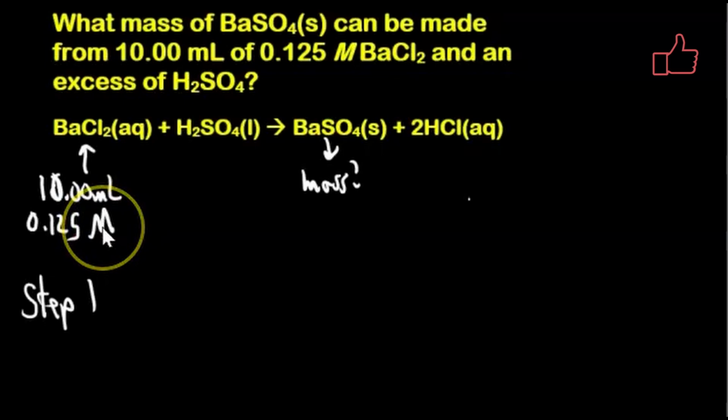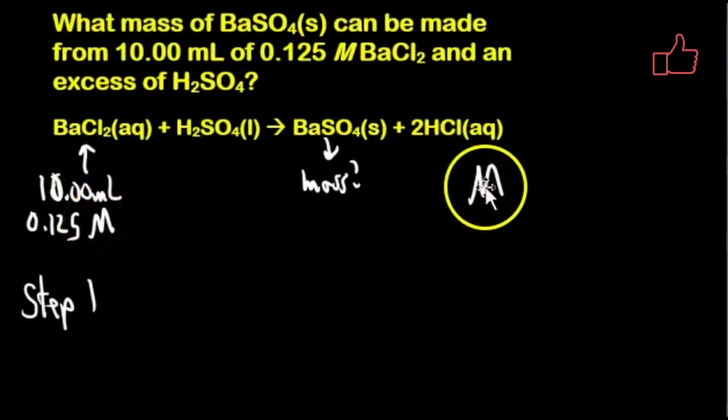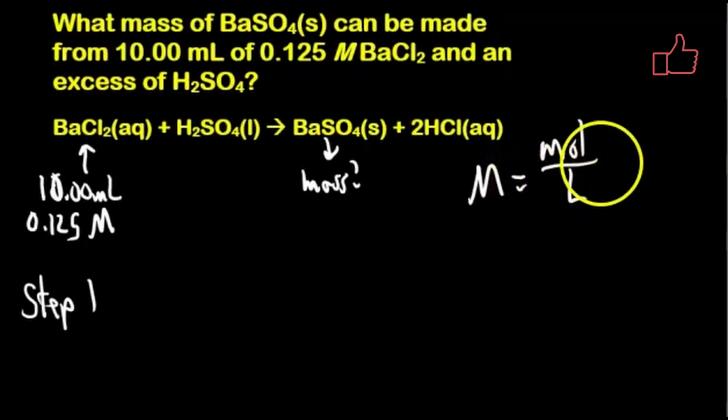And this M, really, it's a hidden unit. Every time you see this capital M, you should change it to moles over liters, because that's what it means. When we say 0.125 capital M, we really mean 0.125 molarity.